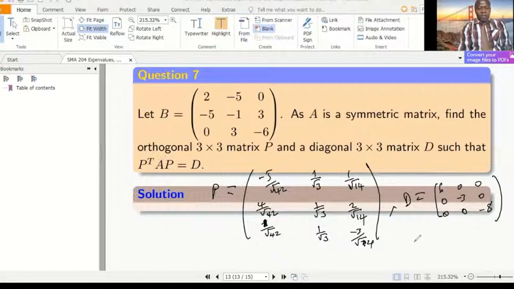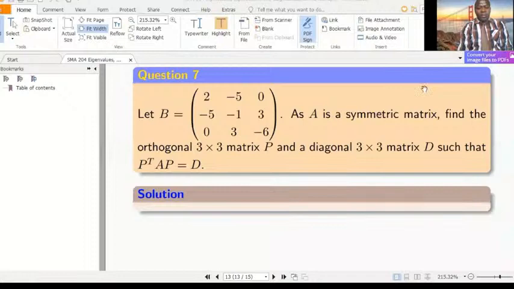If you want, you can just get P transpose from this. Make the first row the first column, the second row the second column, and the third row the third column. Now let's look at the next question. I'm now moving faster because you already have the concepts. You've done similar questions before.